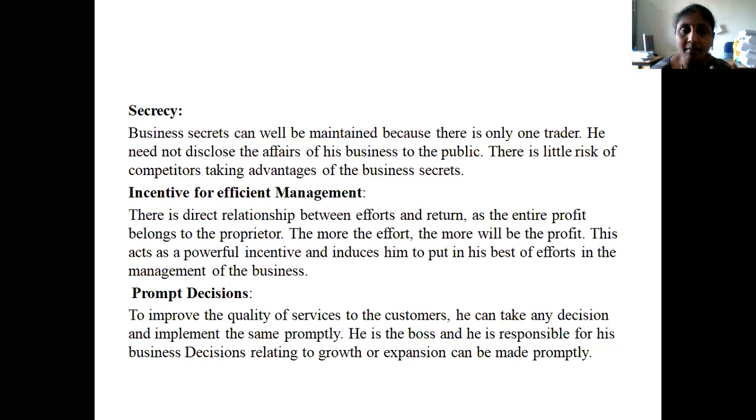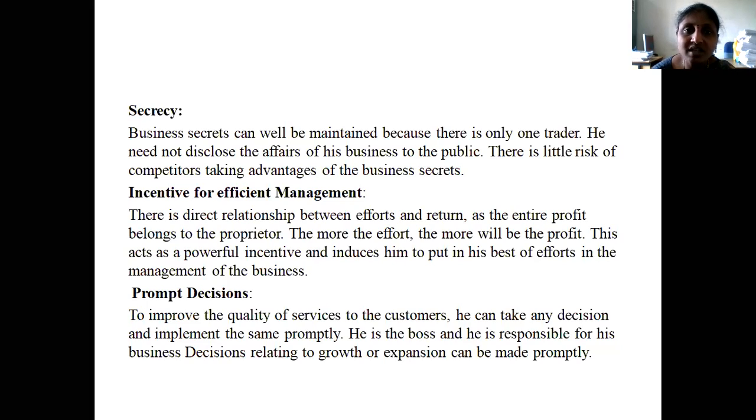See here, if there are a number of partners in his business, all the secrets of the business are shared among those partners. So there may be a chance one particular partner is going to tell the secrets of his business to another person. But here he is the only single person. So the secrets are maintained well, because there is only one single person.